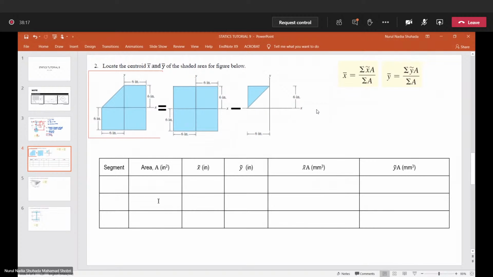It's easier if we use a table like this because we need to find both x and y. After 10 minutes, around 10:35, we will discuss question number 2.